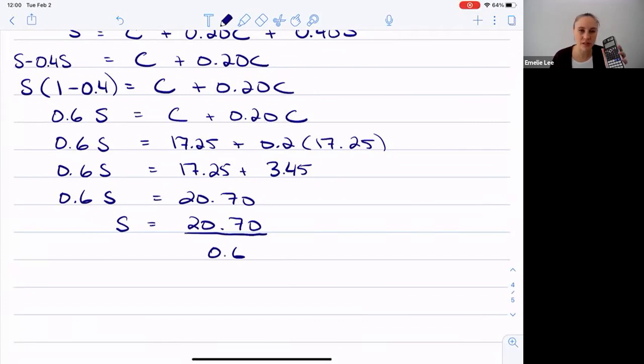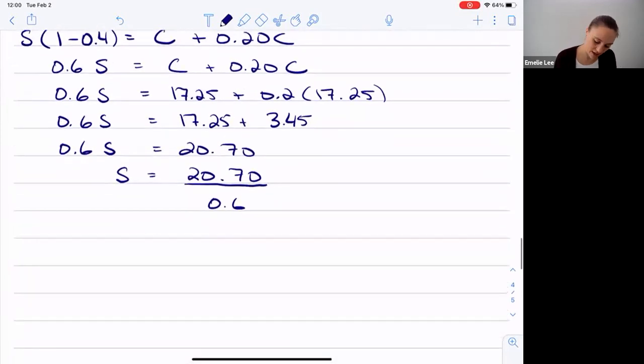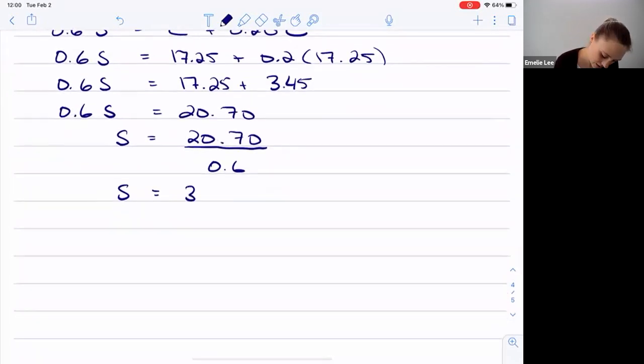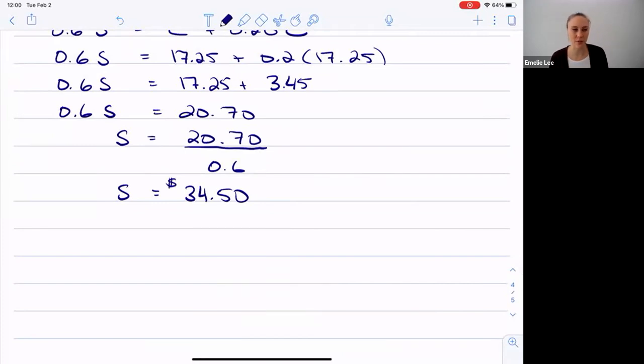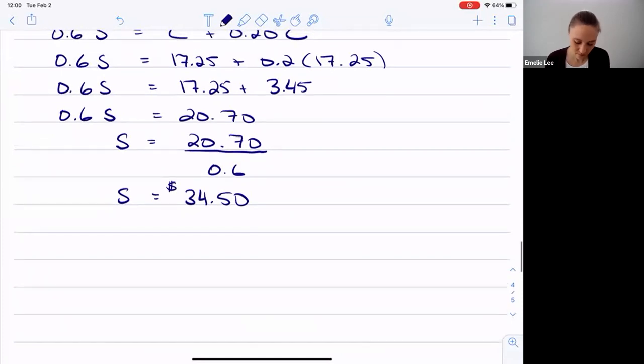I'm just doing it on the side here because I was finding that it glitches out when I switch to my calculator. Until we need the special financial calculator, I'll just do it on the side here. 34.50. And that's in money, so I can add a dollar sign if I want to.